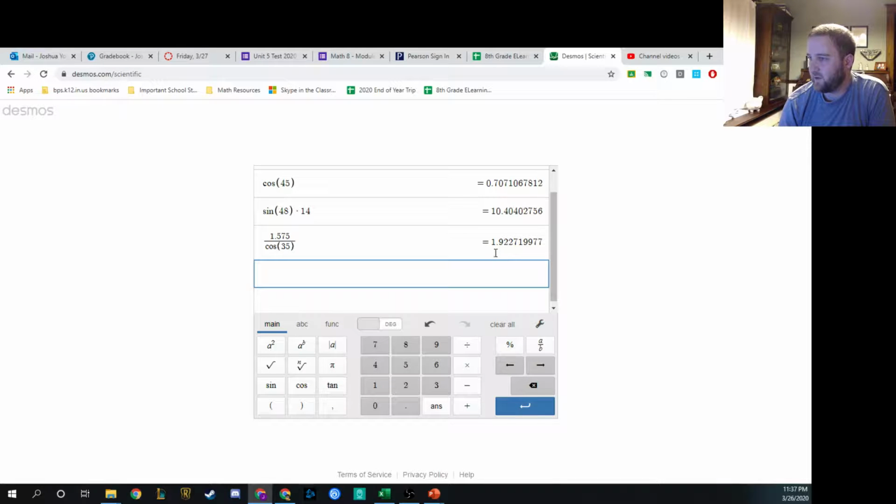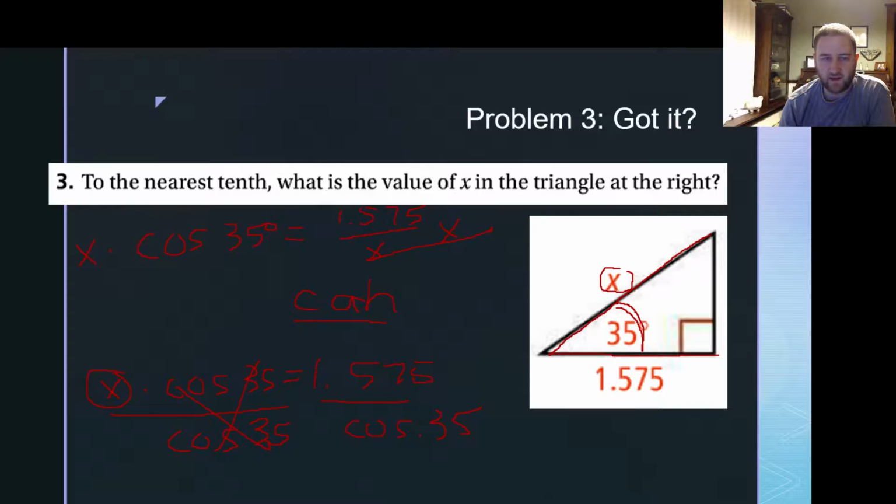And you can see we get 1.9. So x is equal to 1.9. Okay? So hopefully you're able to get that. If you didn't get that, hopefully you can at least see what your mistake was.